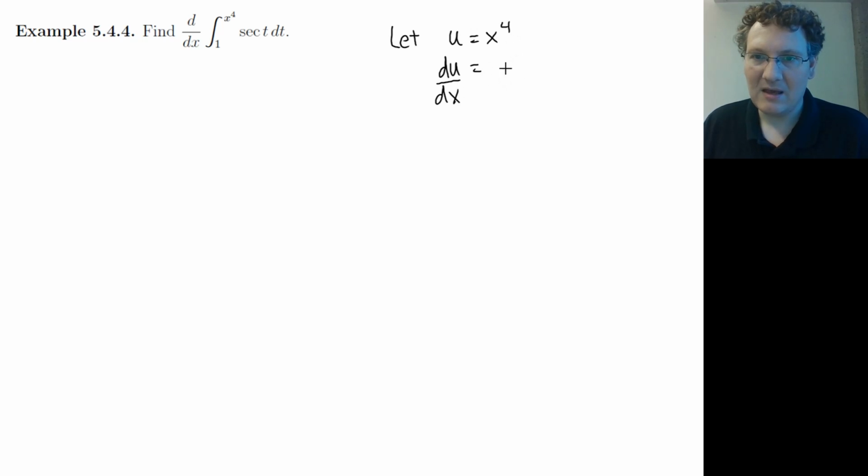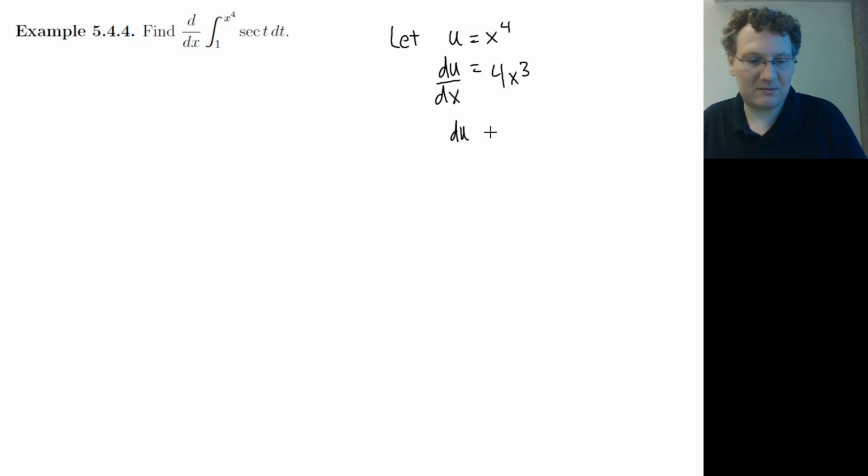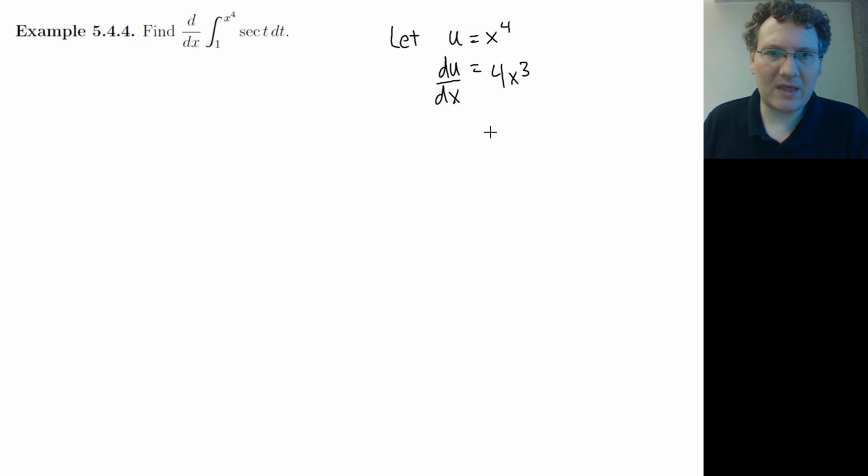That's going to be 4x to the third. That's this derivative of u. Now I can write this as du. So with that in mind, I'm going to do this replacement, and we'll see where this is going to come into play.